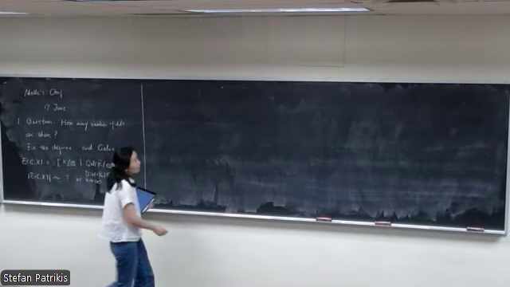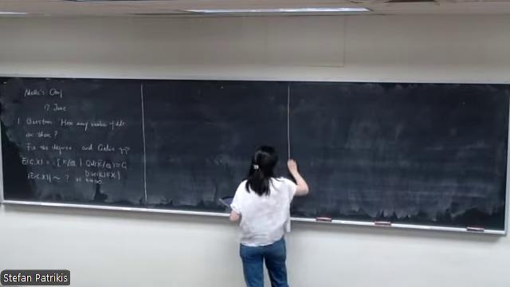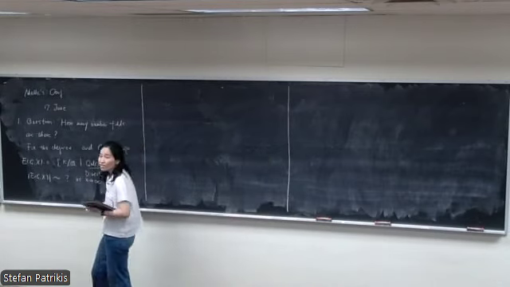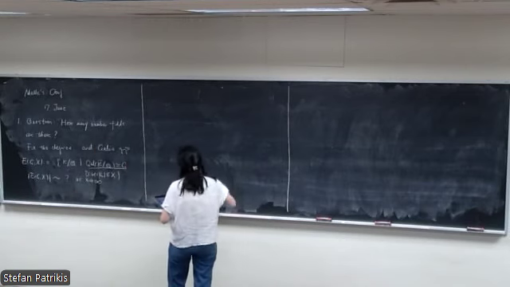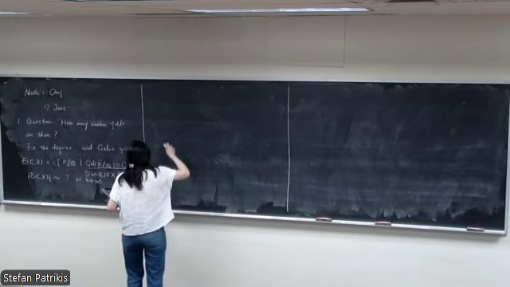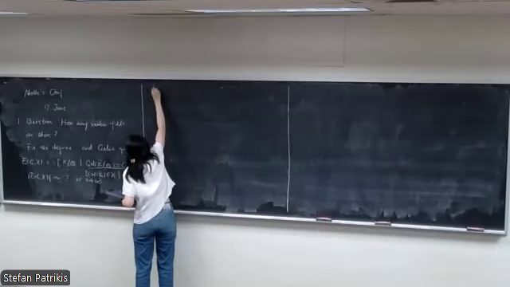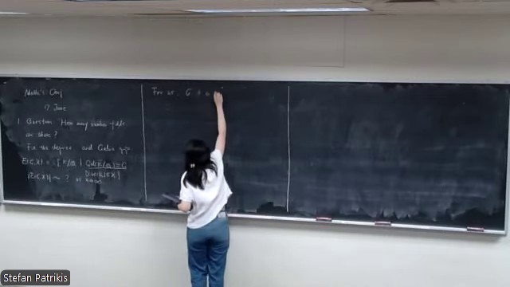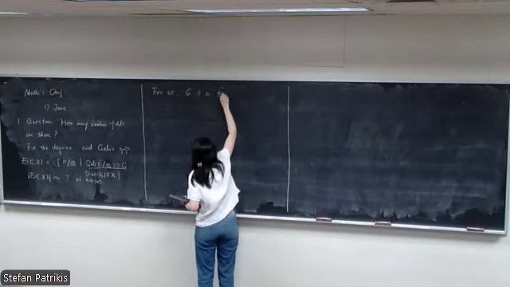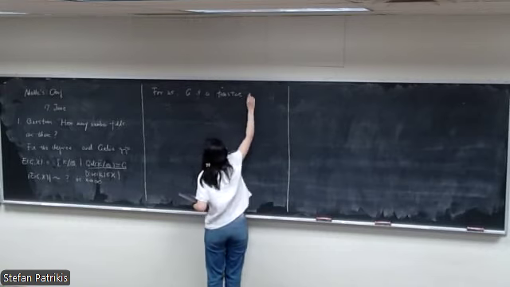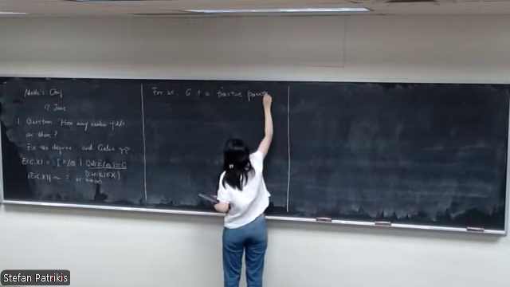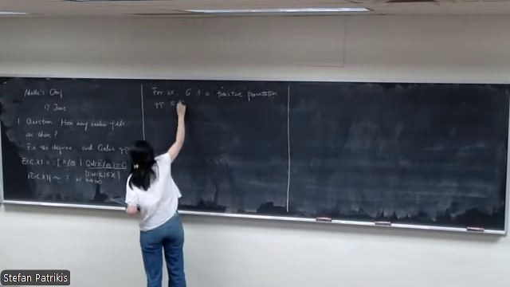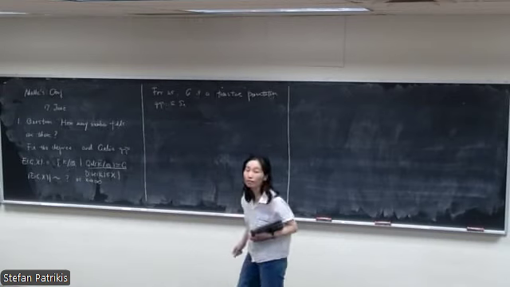Let's be careful: for us, G is always a transitive permutation group inside S_n, where n is the degree of our number field.